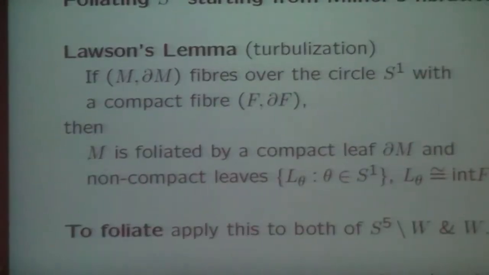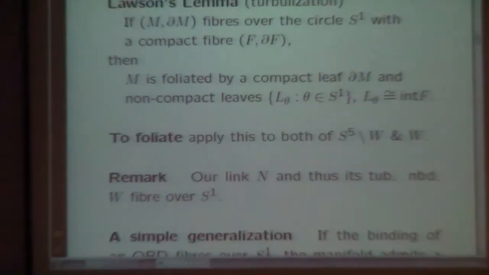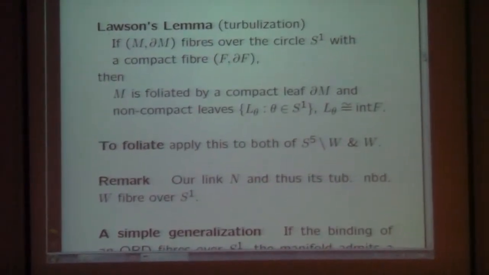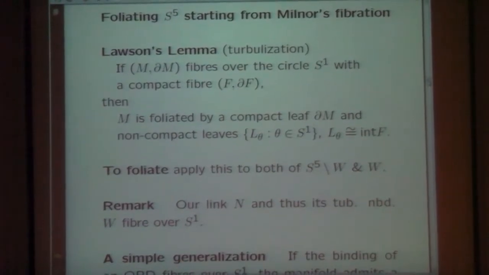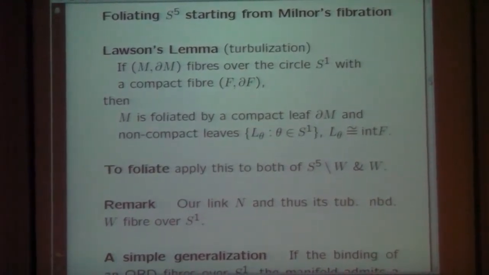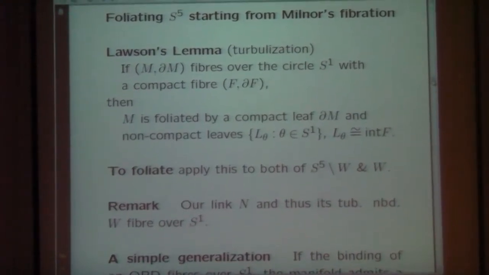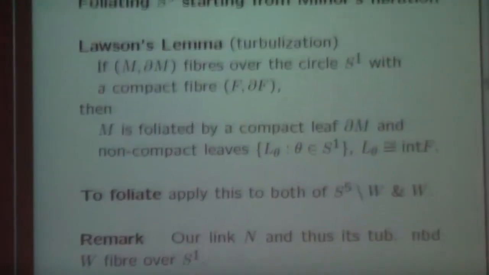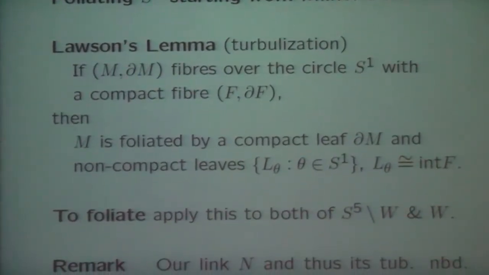Okay, so now we have a description of the Milnor fibration, and somehow we can foliate the tubular neighborhood of the binding. But the next step is to foliate the exterior of the tubular neighborhood. But that is really easy, and maybe it's better to write here.